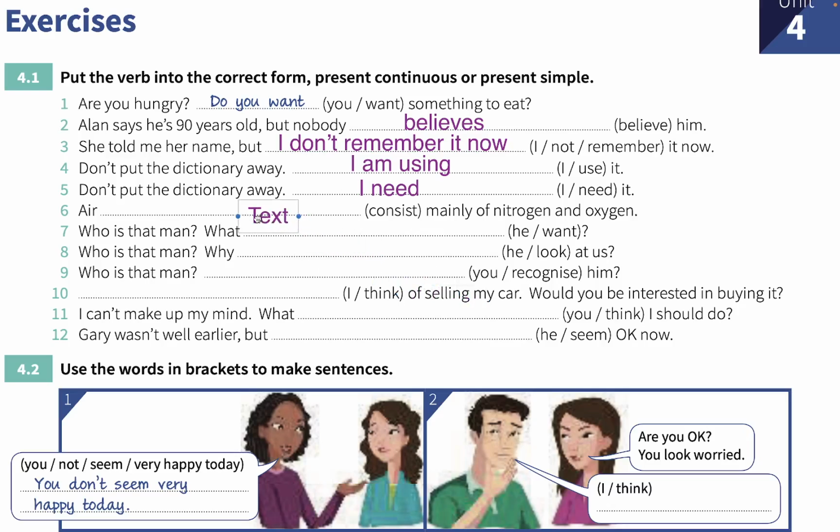Number 6. Air consists mainly of nitrogen and oxygen. What is it? Air consists. Yes. It consists.